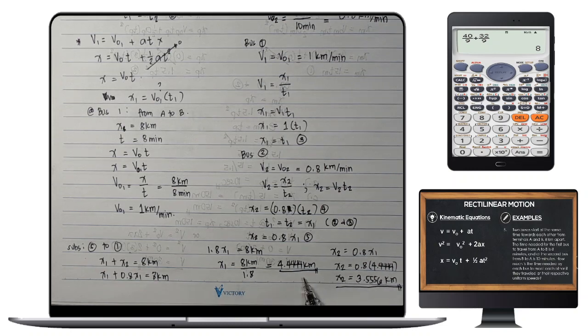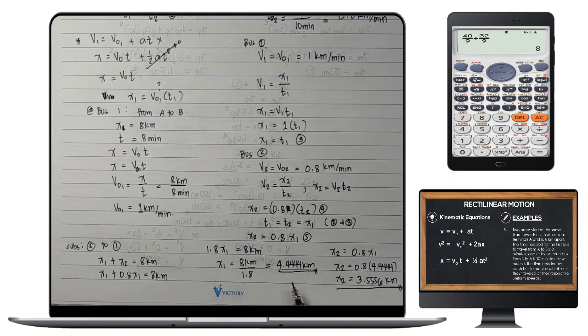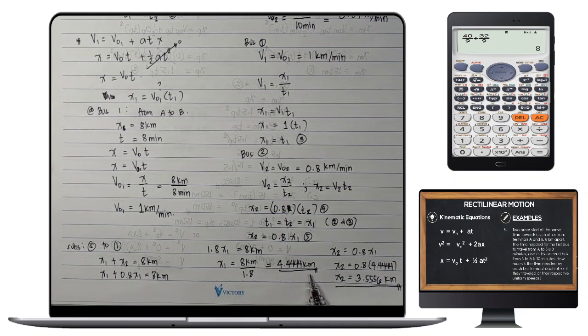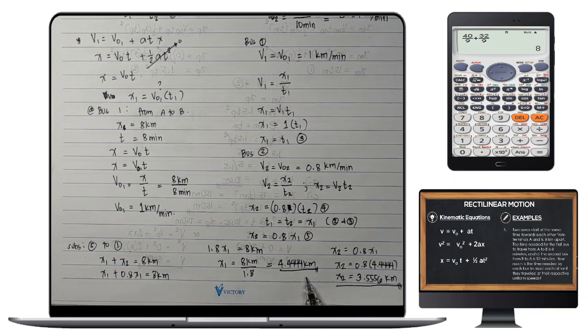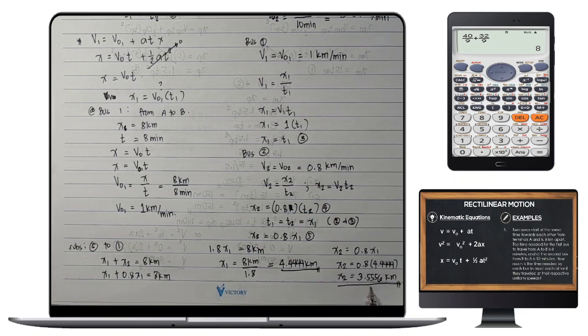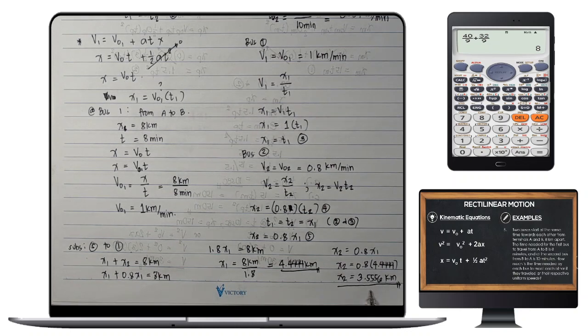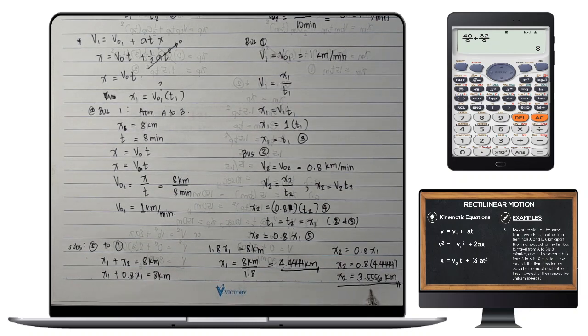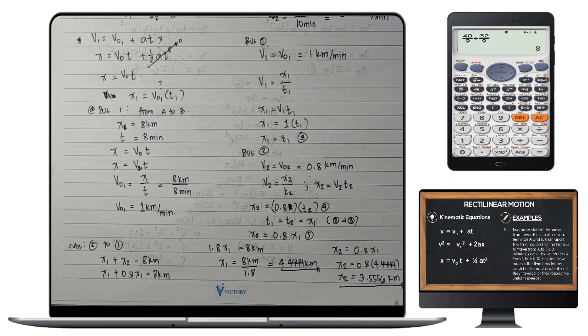So, based on the result of our solution, bus number 1 covered 4.4444 kilometers, whereas bus number 2 traveled 3.5556. Why? Because again, bus number 1 is faster than bus number 2. So, at the same span of time, it will cover a longer distance.